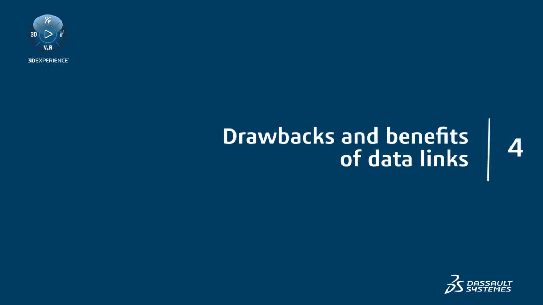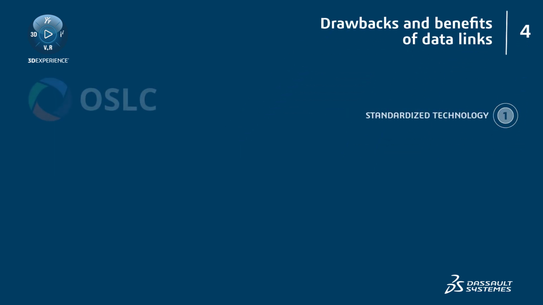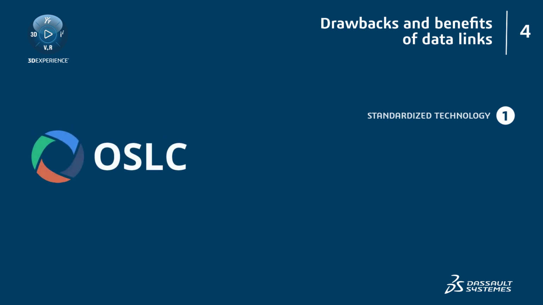The linking method we've just reviewed presents the single source of truth concept, which is implemented based on OSLC technology. Even though this concept is a mainstream methodology that is recommended to use where possible, it represents certain limitations I would like to outline. The linking method implemented in the Cameo DataHub create DH link operation is based on OSLC technology.